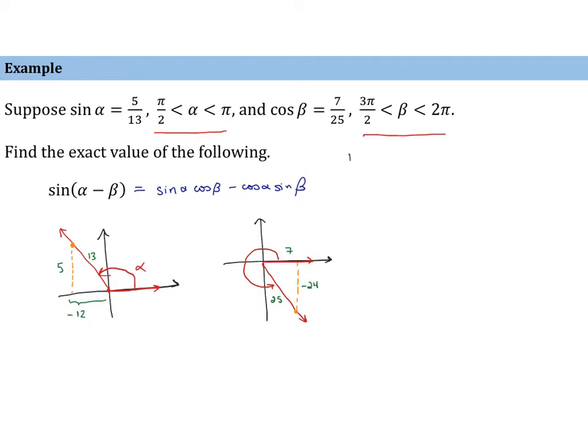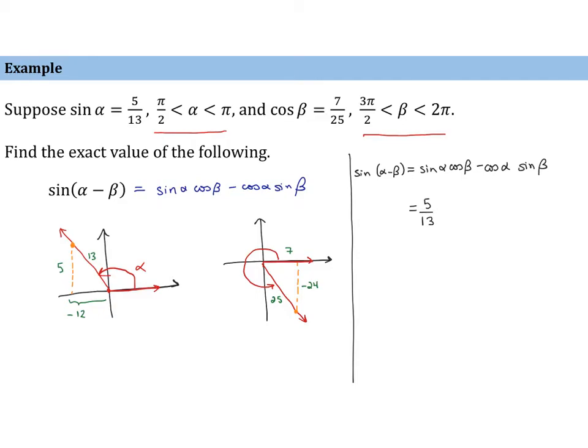So now we can go ahead and write the sine of alpha minus beta equals the sine of alpha cosine of beta minus the cosine of alpha sine of beta. The sine of alpha we were given, and it's 5/13.